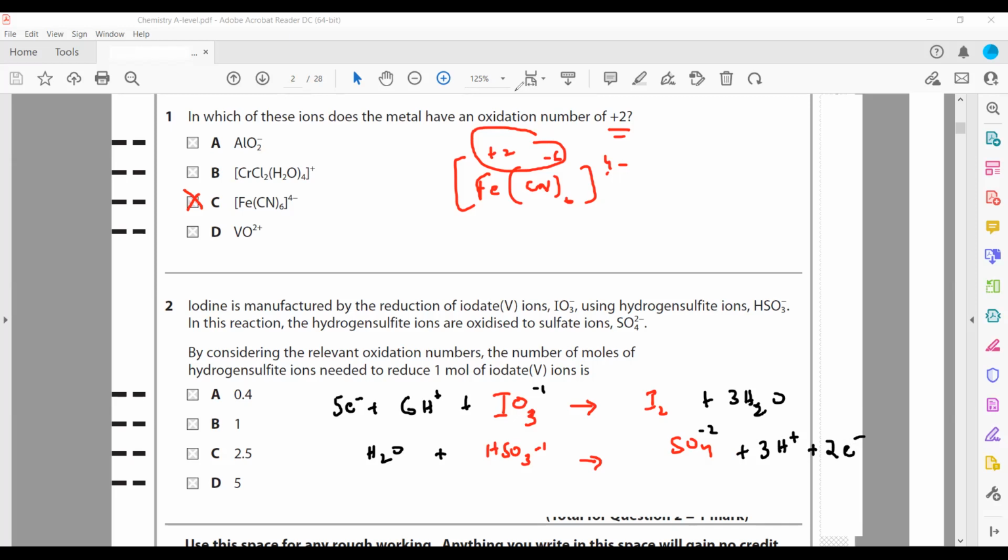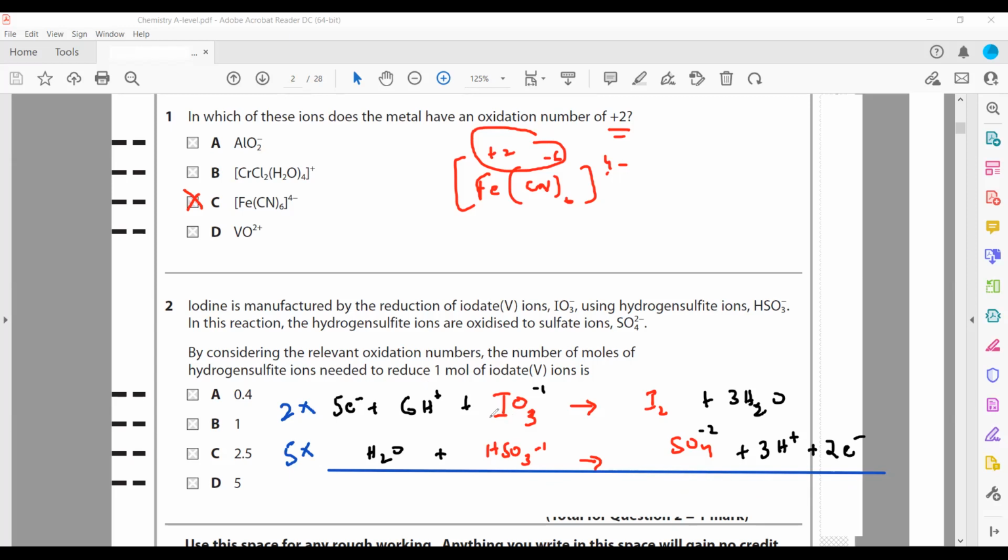But to write a balanced equation, the number of electrons lost should be equal to the number of electrons gained. So we have to multiply the first equation by 2 and the second equation by 5 so that they will have the same number of electrons lost and gained.